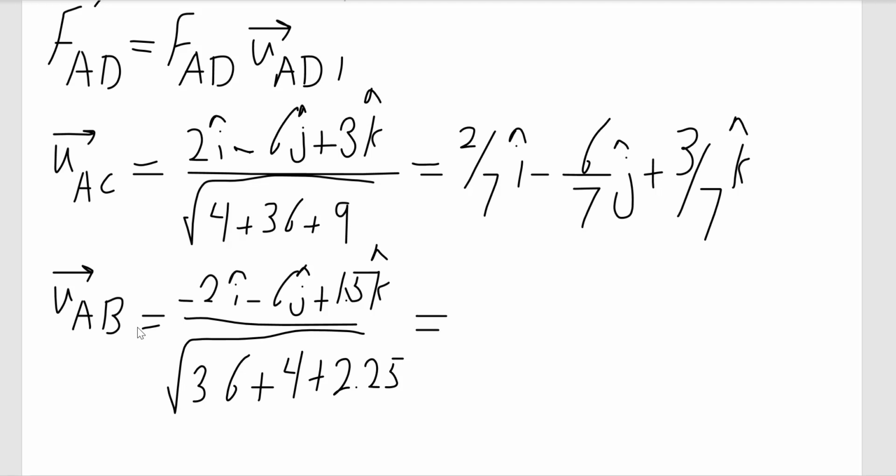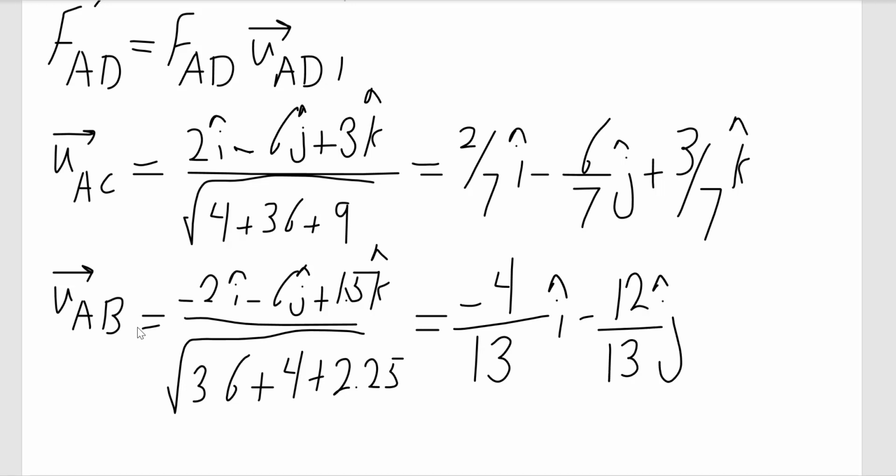So the square root of this would be 6.5. I'm just going to multiply both numerator and denominator by 2 to get integer numbers. So that would be -4/13 I, -12/13 J, and plus 3/13 K. That's UAB.